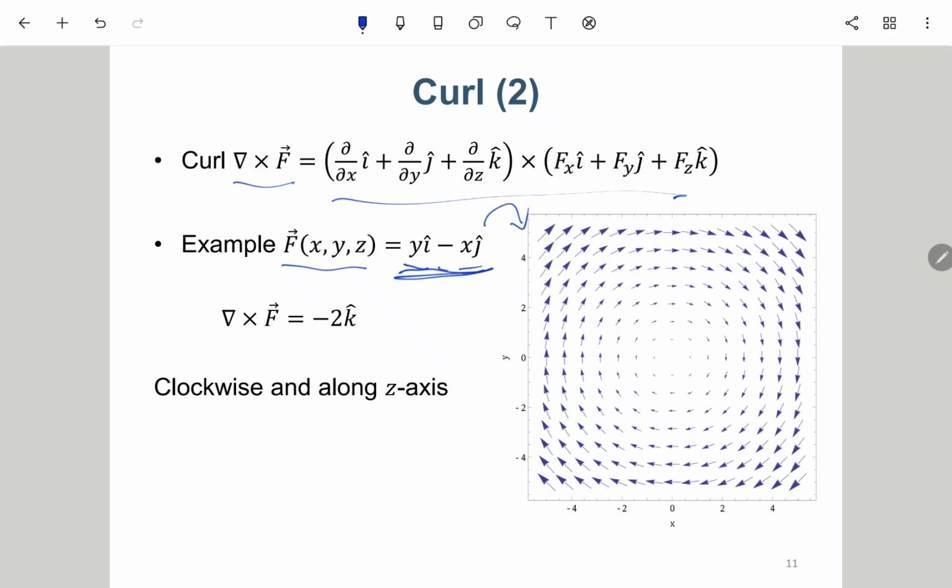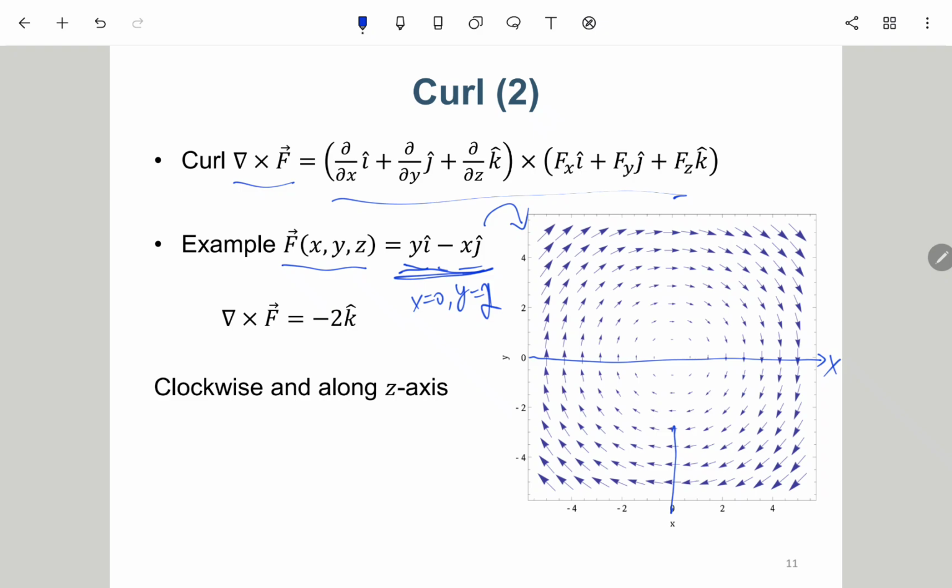So you can imagine, let's say we plug in x to be 0, y to be 2.